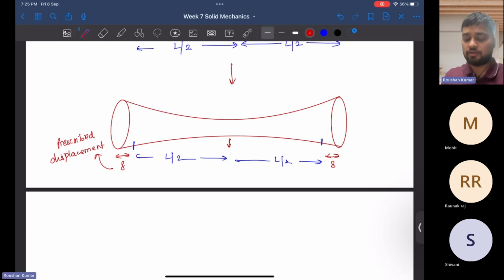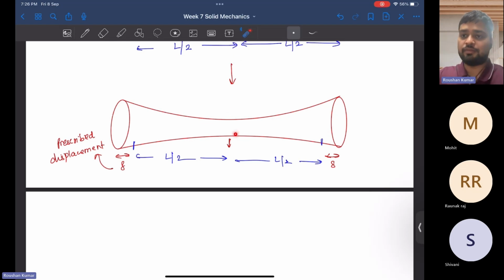So first of all, there is a decrease in radius in between, as you see in this figure, due to the displacement along the z direction. So yes, we can say that UR, that is the radial displacement, is a function of z.